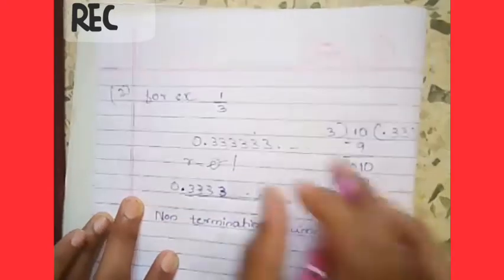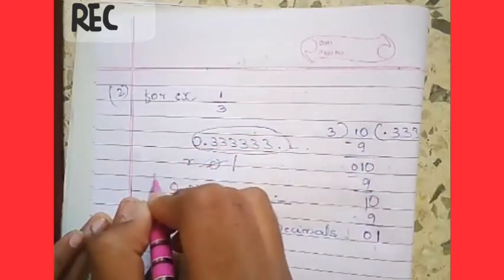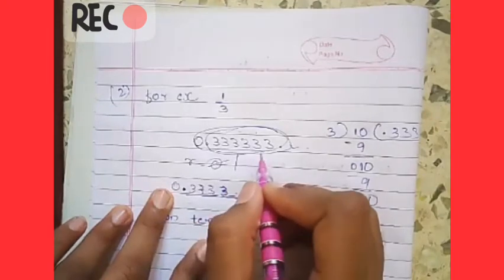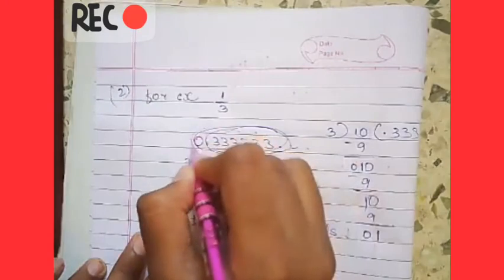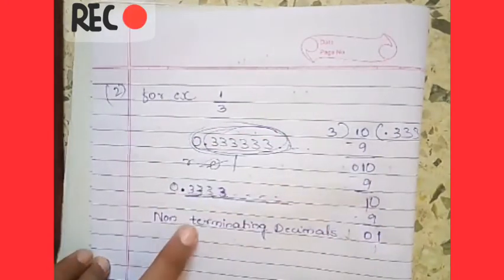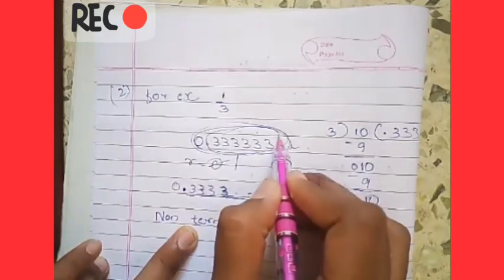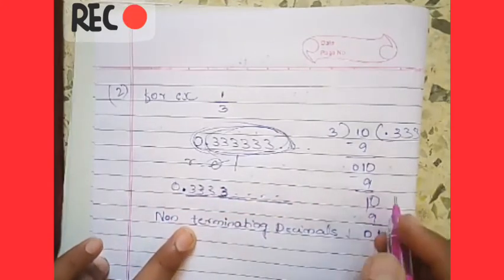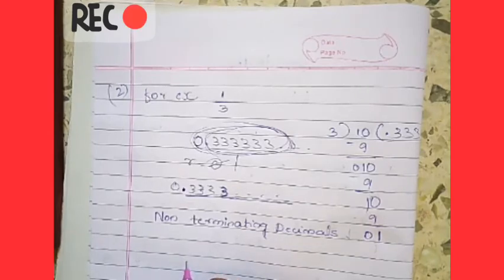This is a pattern, it is a repetition. So now this decimal is non-terminating, meaning it has no end, and again it is repeating itself. So it is recurring. What do we mean by recurring? Recurring means it's having a pattern.